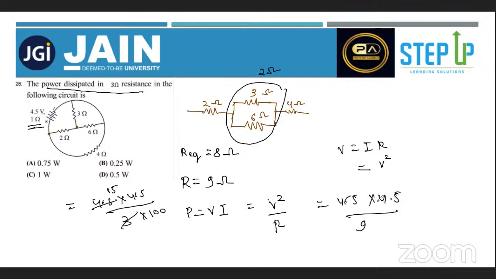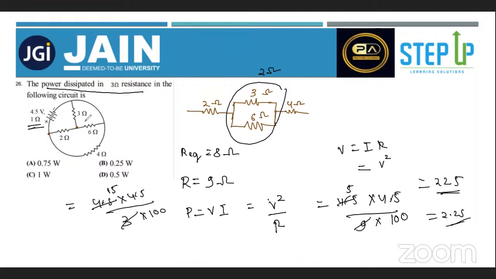Though I can't do that, that would be wrong logic, let me tell you. 5 5s are 25, then 225. So in this case also I'm getting the answer as 2.25. So this question is wrong.